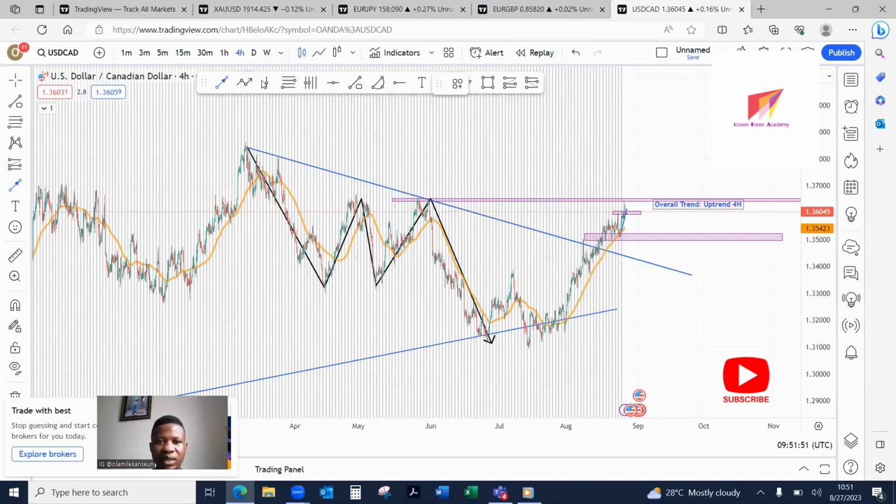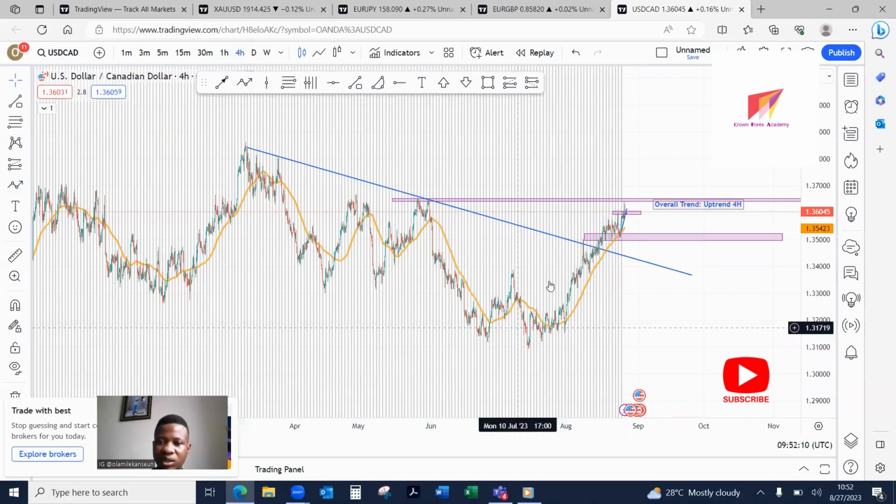So the market is still an uptrend. Let me take this drawing out. That one is just for you to know that we are still in an uptrend.